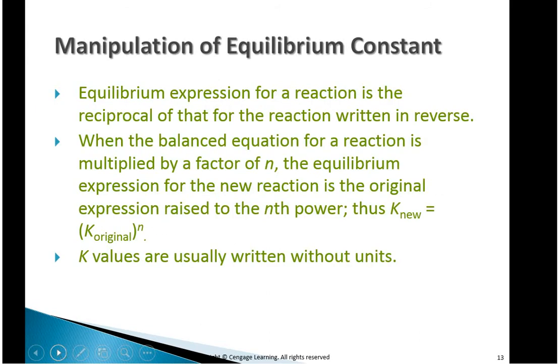Now, in terms of how we're going to deal with the equilibrium constant, this is a little bit different from what we've done in previous units. Here it's all about the math.